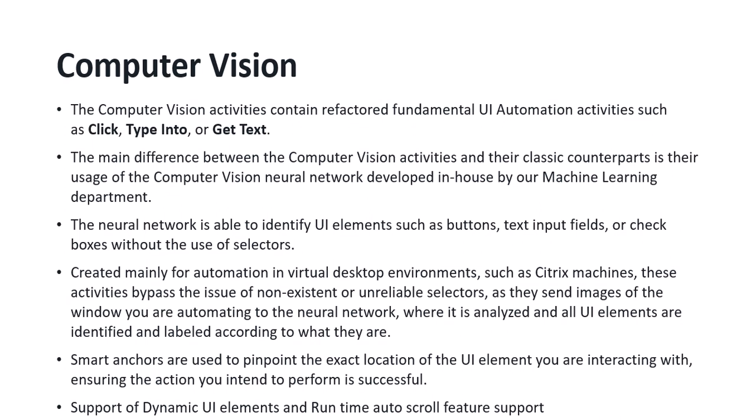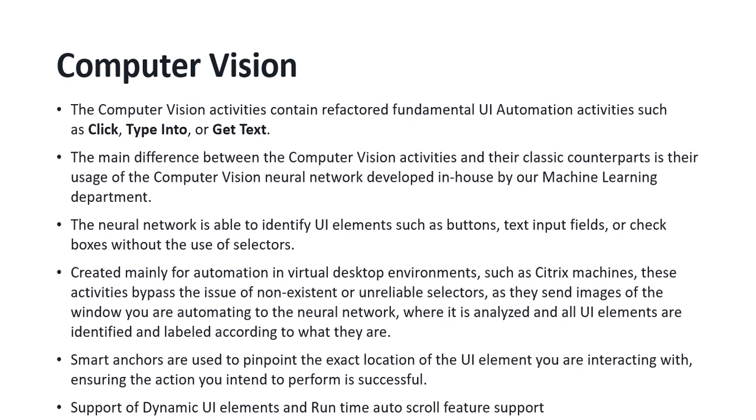But if some of the elements are behind the screen, and UiPath has to scroll down to make that particular element visible, then in those cases UiPath activities can auto scroll down the page, and on the next screen which comes up, it is able to automate the given action. That is a very good, interesting feature given in the new version of computer vision.